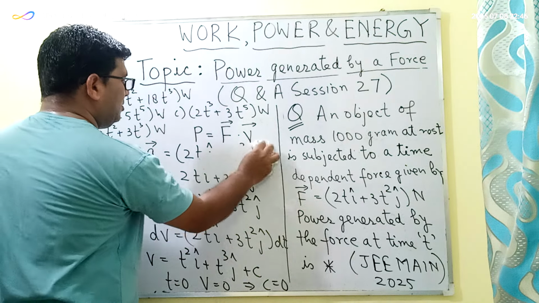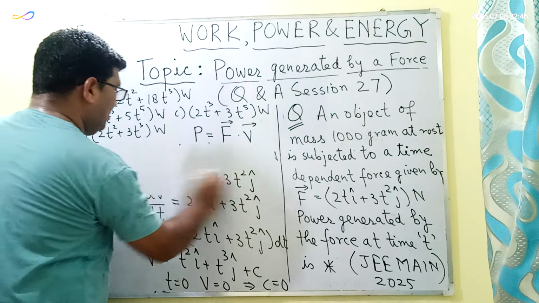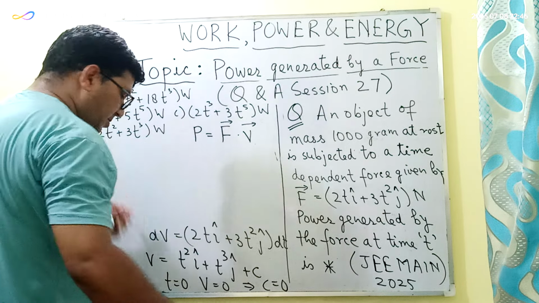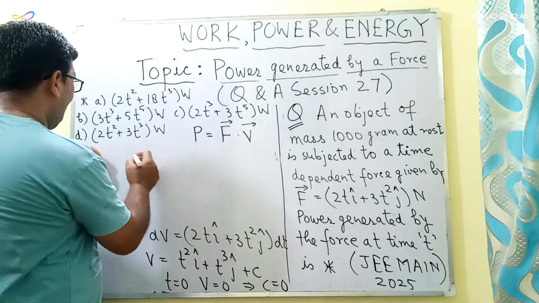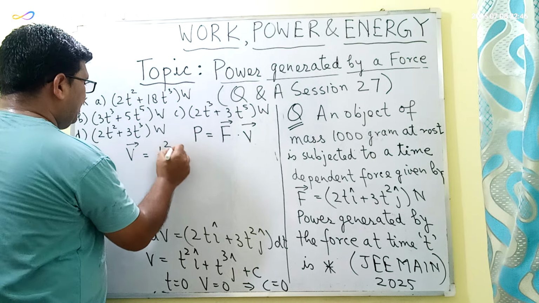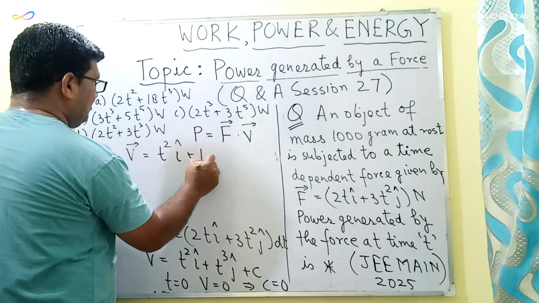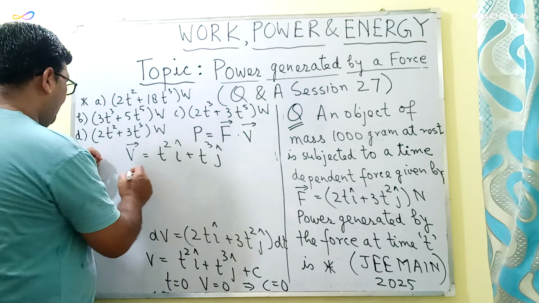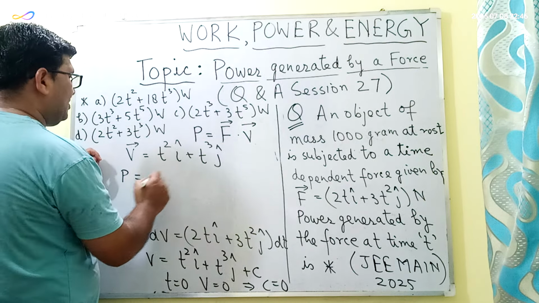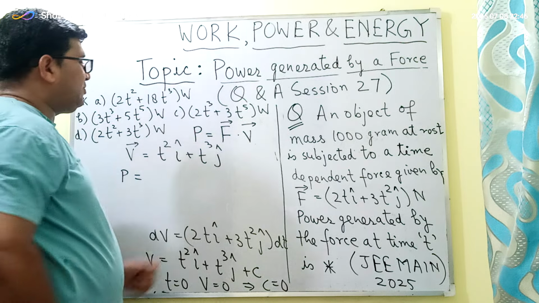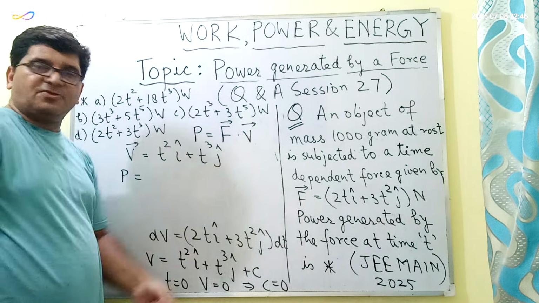So from here the velocity vector is equal to t square i cap plus t cube j cap. Now power generated is equal to F dot V, that is, power is the dot product of the force and velocity vector.